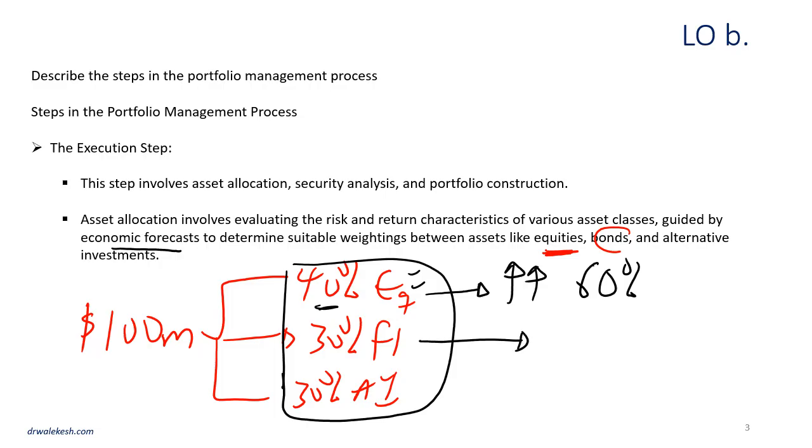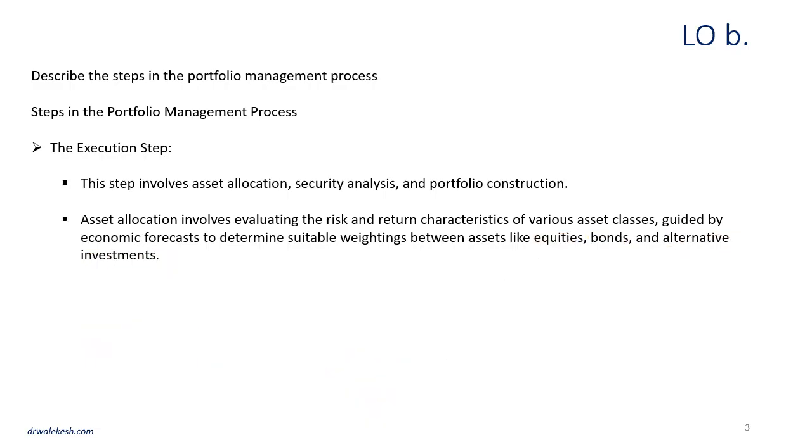For fixed income and AI, that's alternative investment, I reduced the allocation because I believe they won't perform so well in the coming year. So all of this basically has to do with asset allocation. It is worth noting that the risk and return characteristics of equities is entirely different from that of bonds, and the risk and return characteristics of bonds is different from alternative investments.